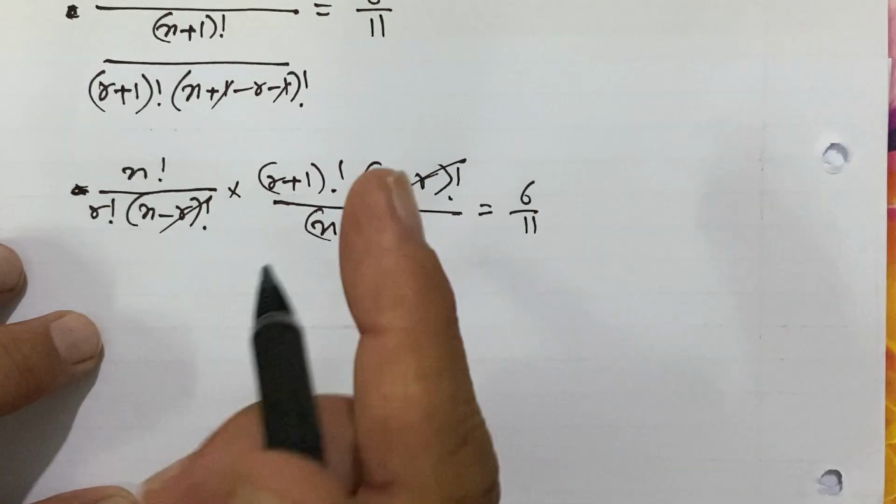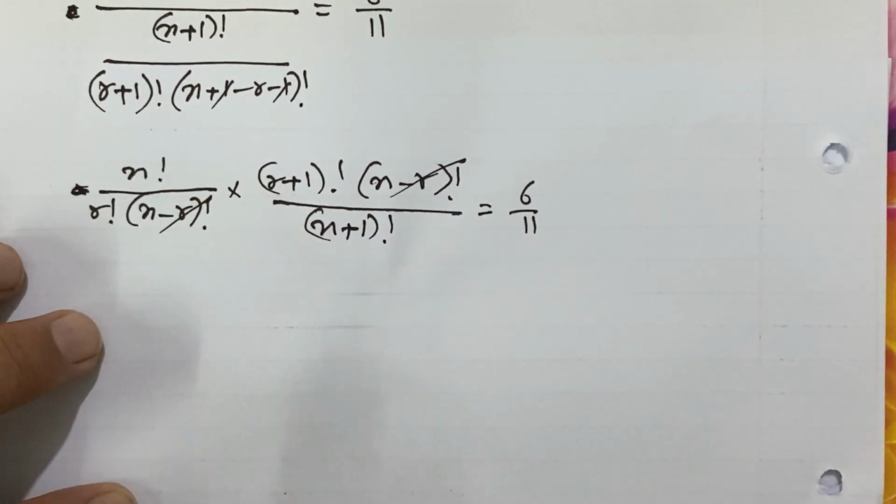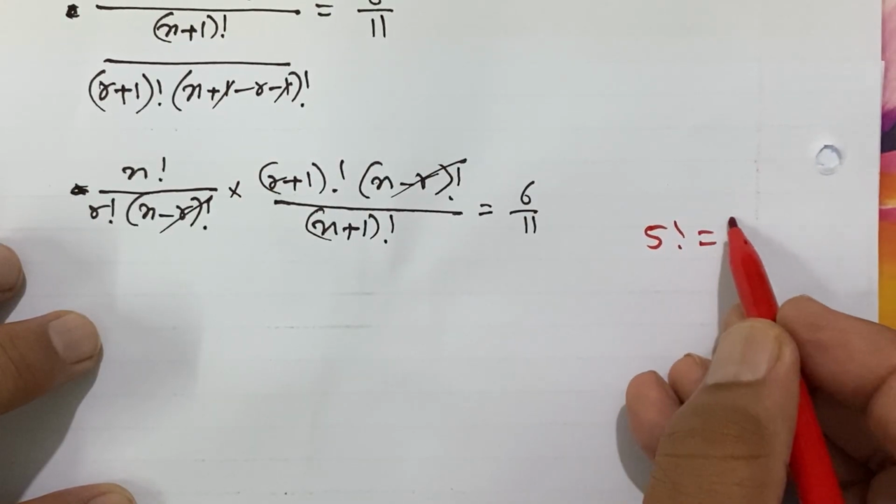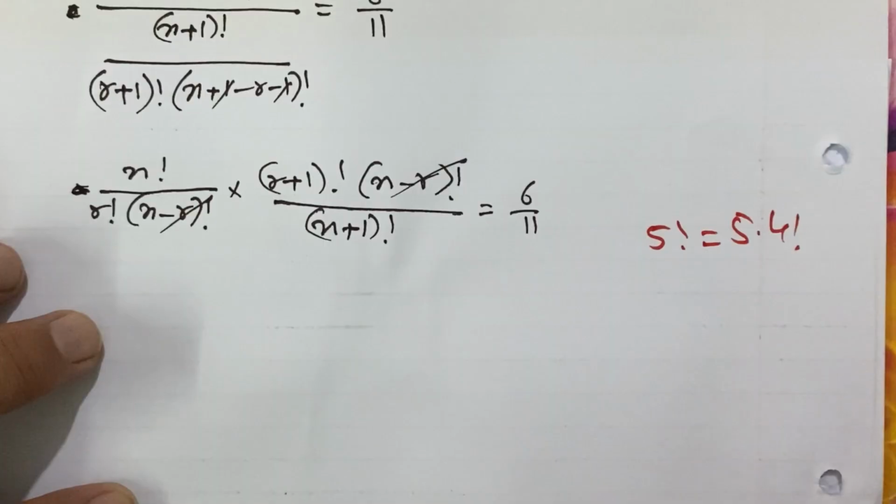Now we use the formula 5 factorial is equal to 5 into 4 factorial.